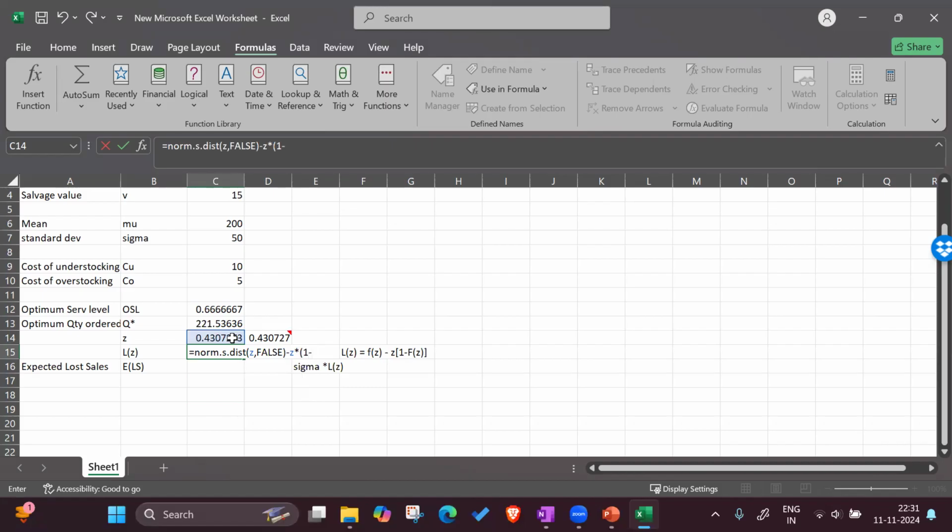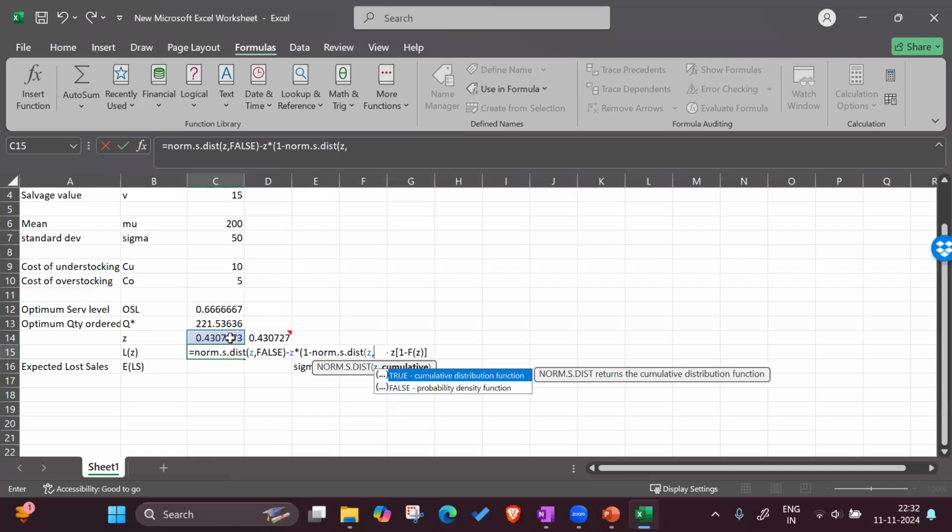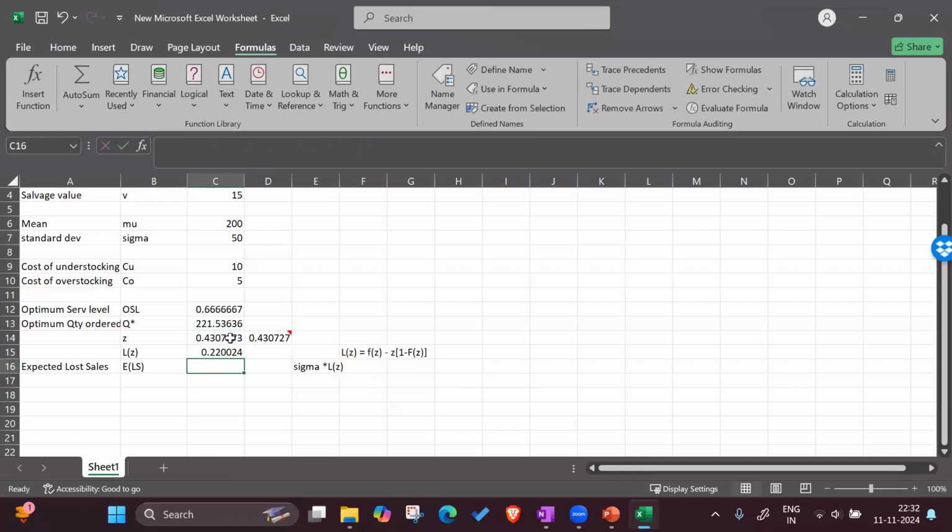Please don't use the square bracket like I've used over here in the formula, because Excel does not understand square brackets, it only understands the round brackets. So this is L of Z.